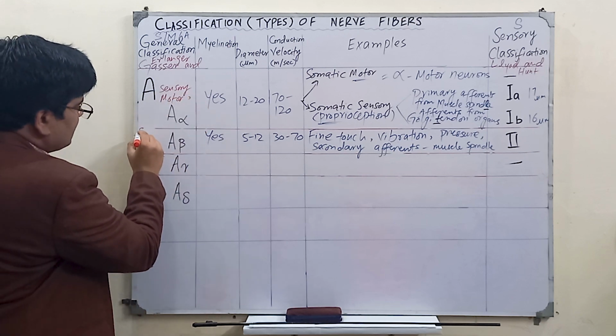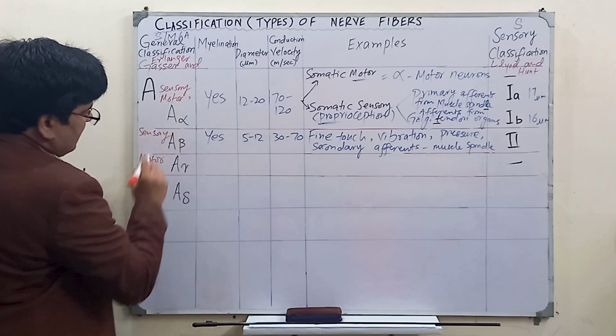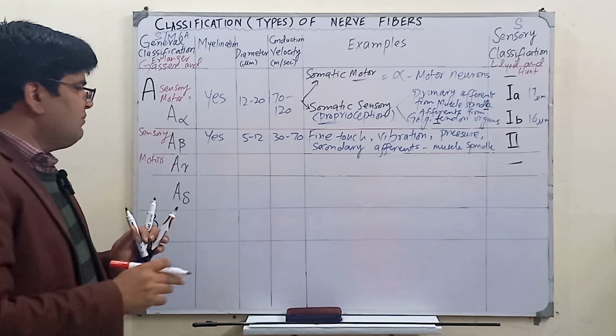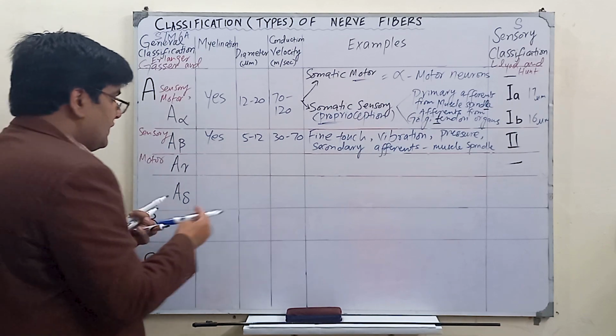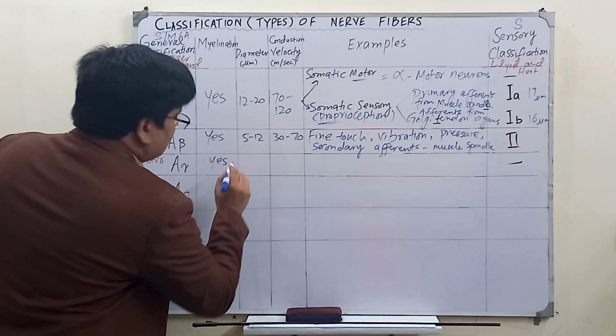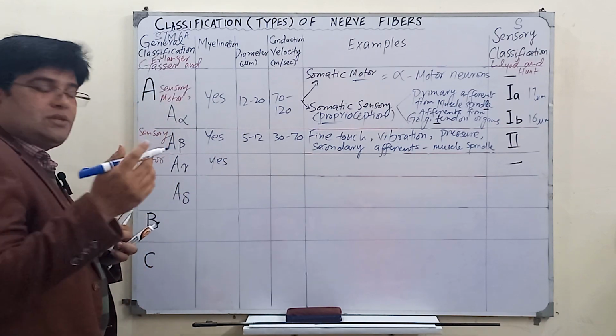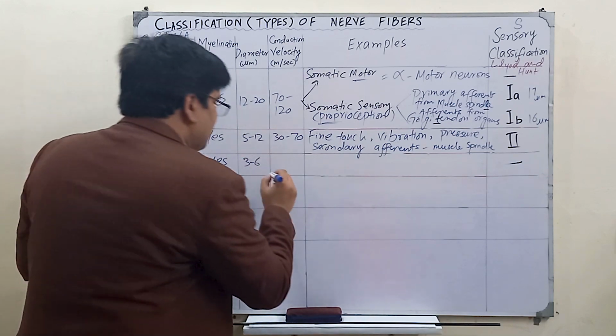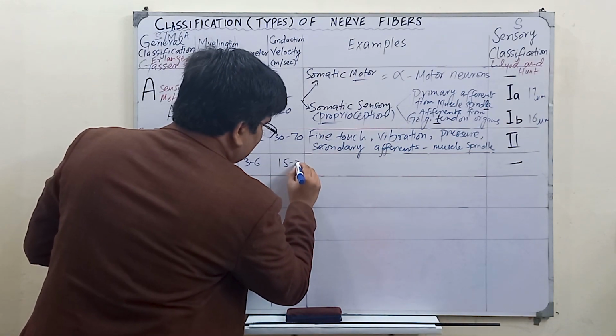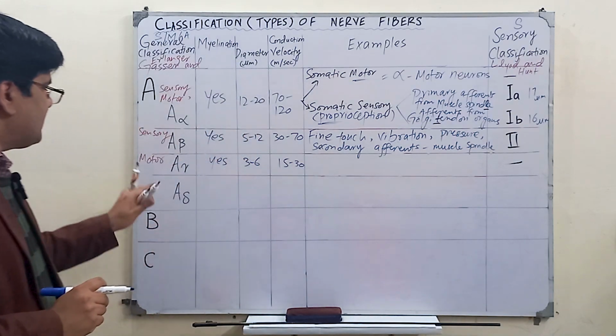A beta are only sensory nerve fibers. A gamma nerve fibers are purely motor types of nerve fibers. What about the myelination? Yes, they are myelinated. Their diameter is 3 to 6 micrometers, and the velocity of conduction is from 15 to 30 meters per second.